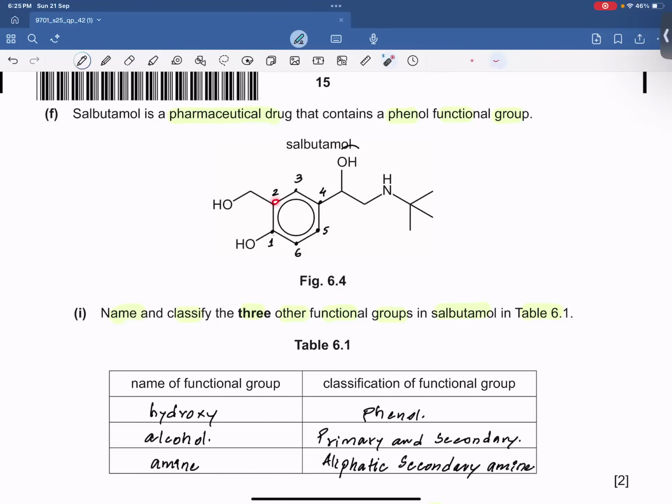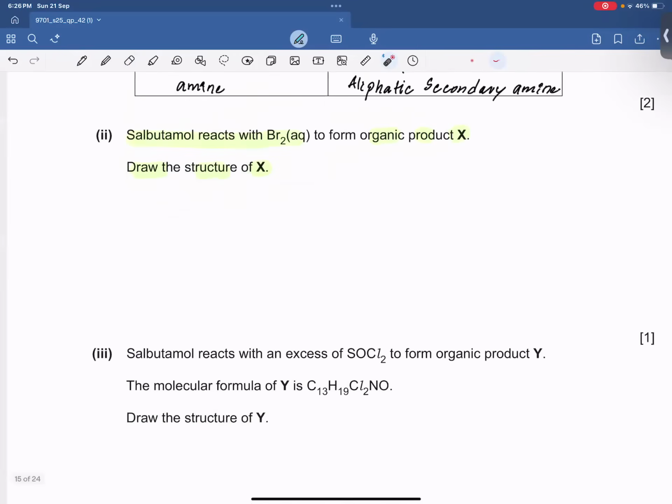Now, second carbon, fourth carbon, and sixth carbon are basically the ortho and para positions. So bromine needs to attach on these three positions, right? The issue is that the 2 and 4 positions are already occupied with certain groups, which means aqueous bromine is only attached to the 6th carbon atom or that particular position. This is OH. Okay.